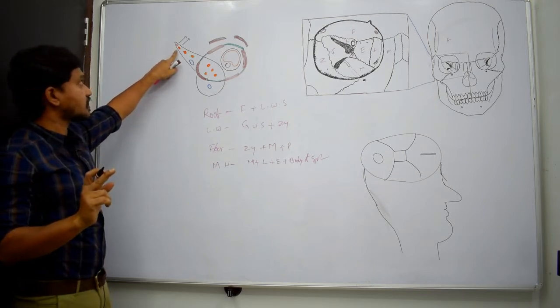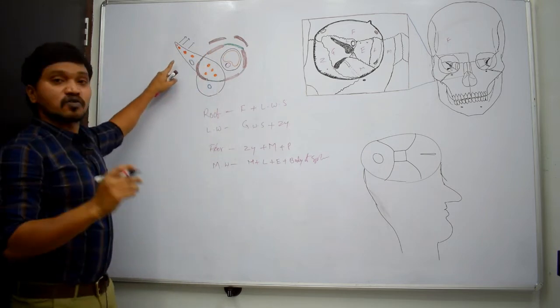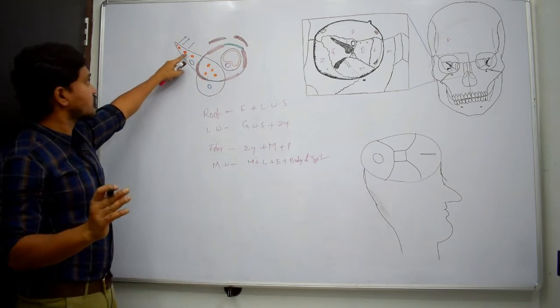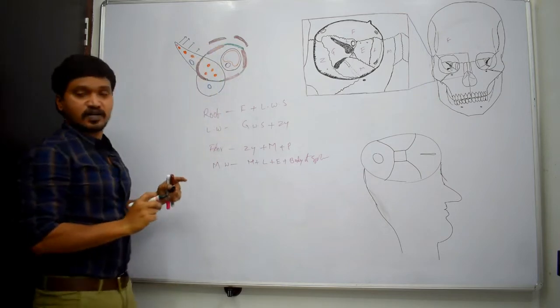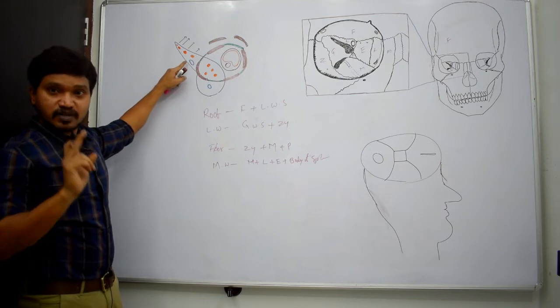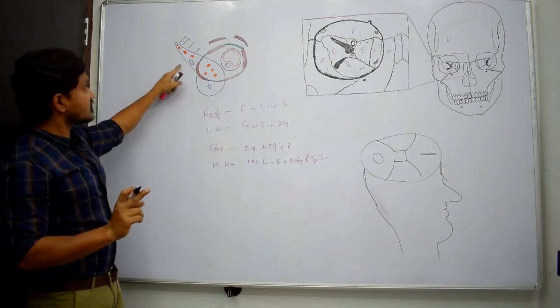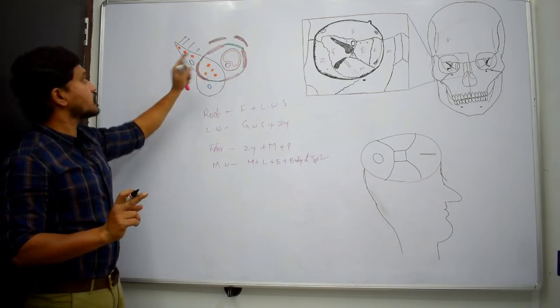This is the frontal nerve. This is the fourth cranial nerve. Then this is the superior ophthalmic vein. So these are the structures passing through the lateral or upper part of the superior orbital fissure.